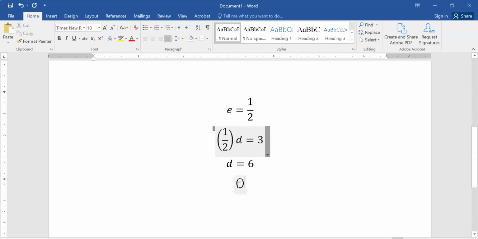Therefore, what we're dealing with here is an ellipse. Okay, it's an ellipse with eccentricity 1/2, where the distance between the pole, again the origin, and the directrix is 6. Let's go ahead and graph that.